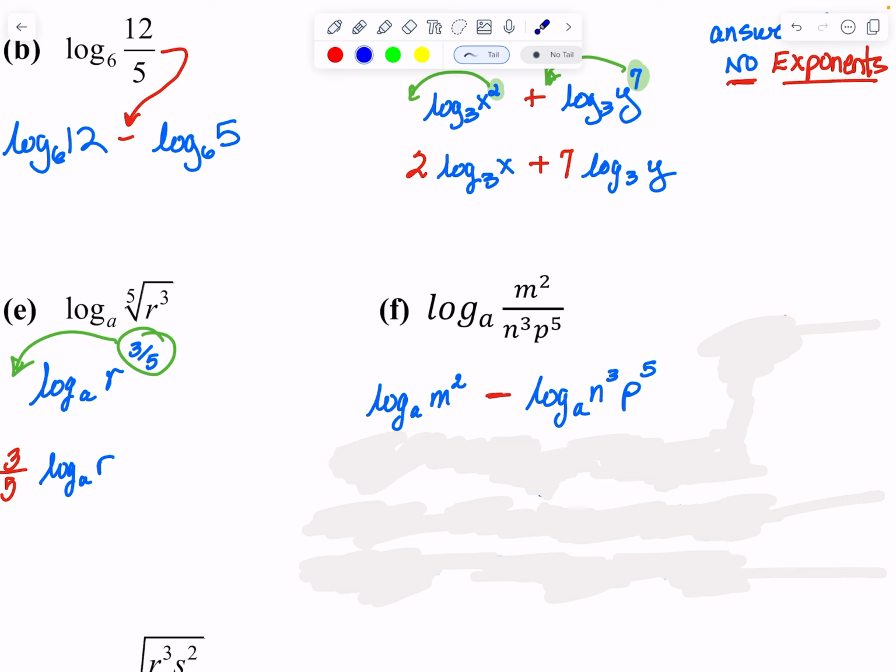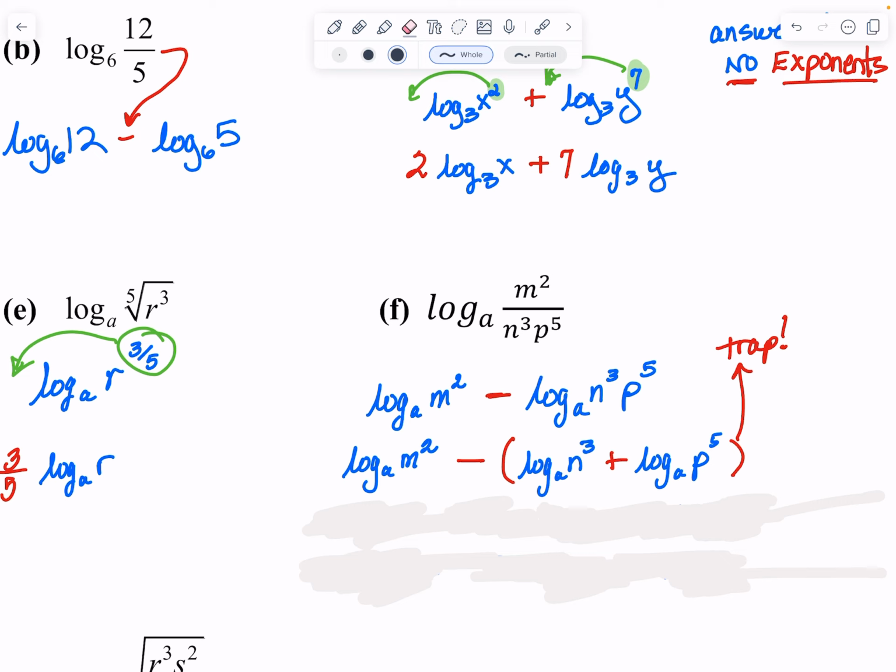So next, I'm actually going to have a trap because notice this is times, but whenever you break that apart, my trap is that I was subtracting this whole thing. Okay, I was subtracting that whole second expression.